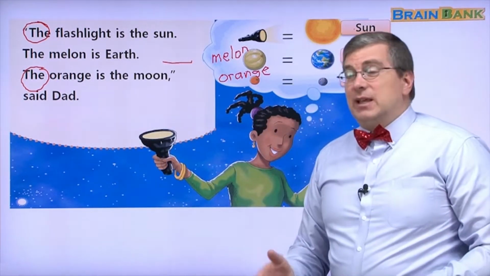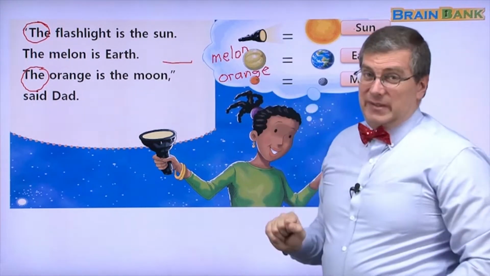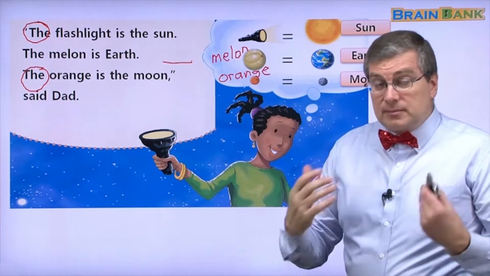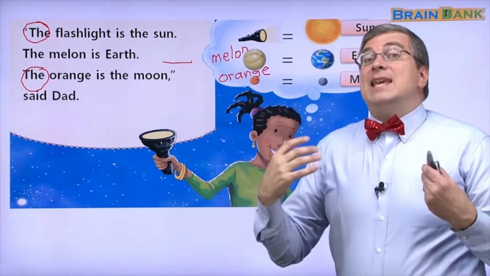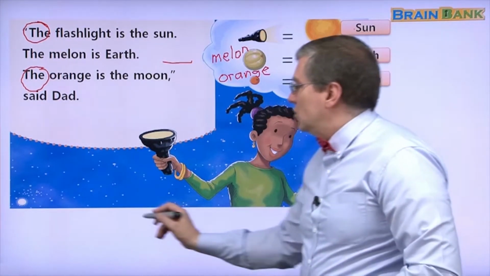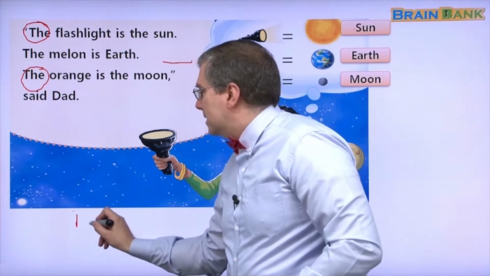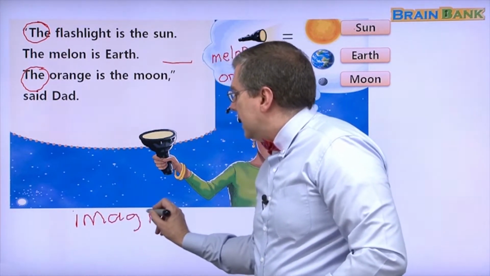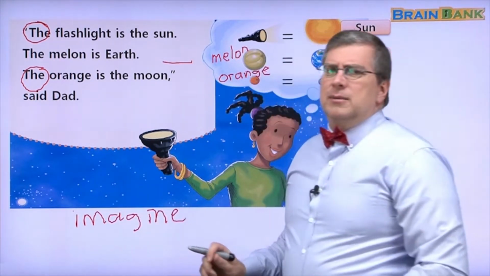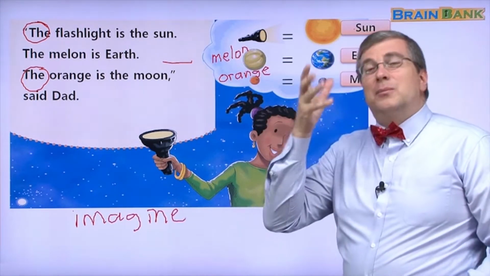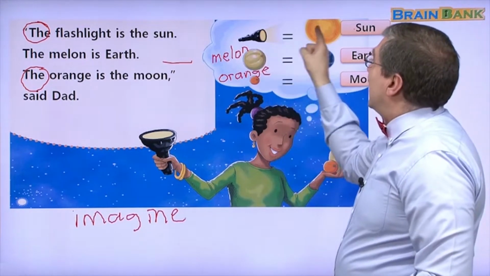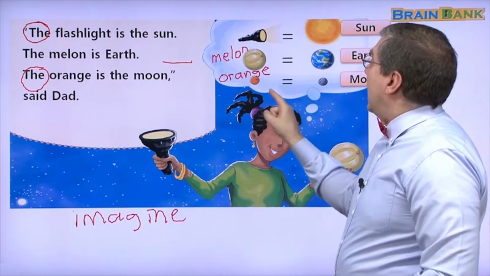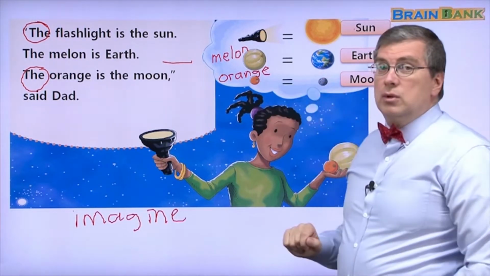So Dad says, what are these things? Of course, not real. Just imagine or pretend. Just think. Pretend. The flashlight is the sun, the melon is the earth, and the orange is the moon.